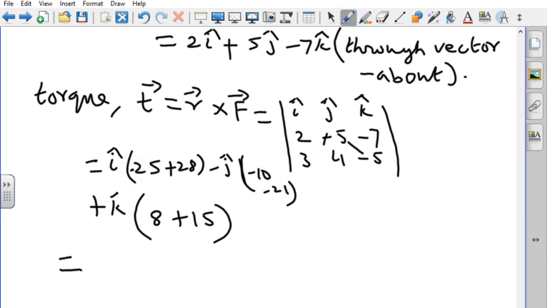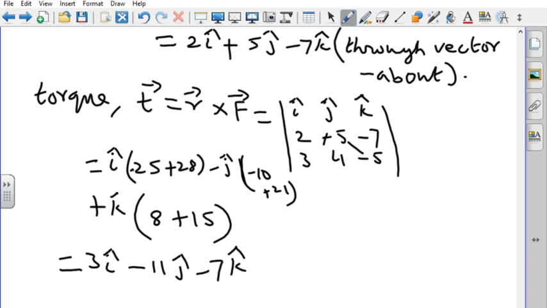So it is equal to 3i cap minus 11j cap minus 7k cap. Okay, so this is the torque.